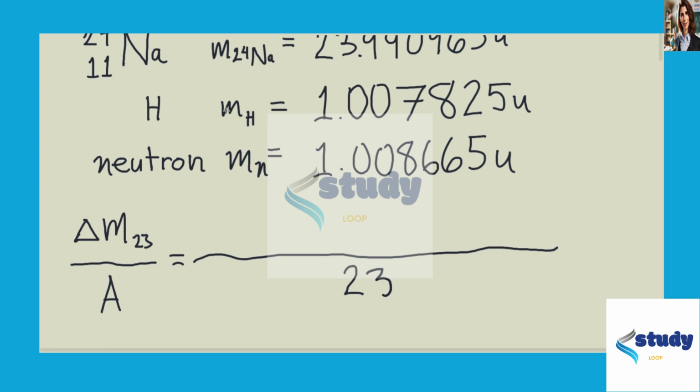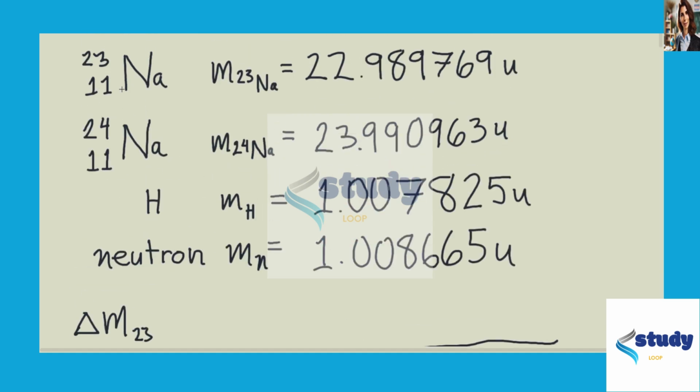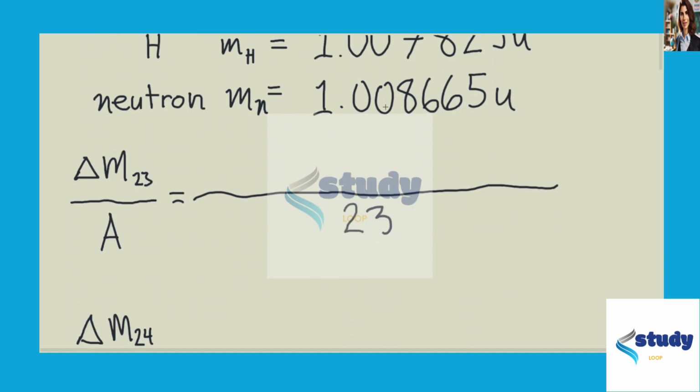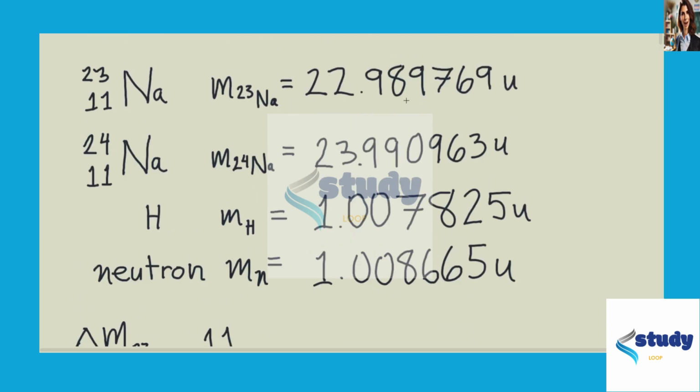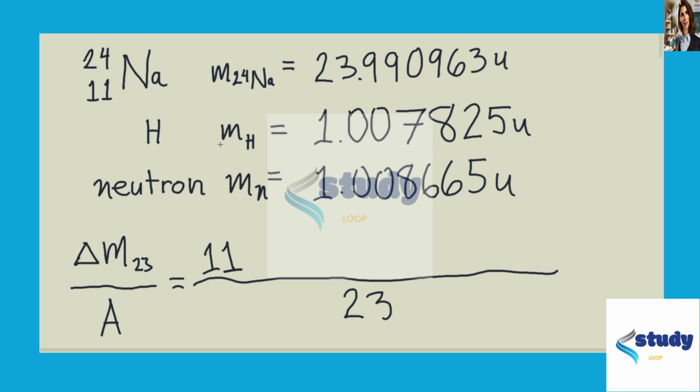We need to find the combined mass of the individual constituents here. We know that there are 11 protons in the sodium atom. And we need to also include the electrons because we're talking about a full atom here in the atomic mass. That's why I'm not multiplying by the mass of individual protons here.